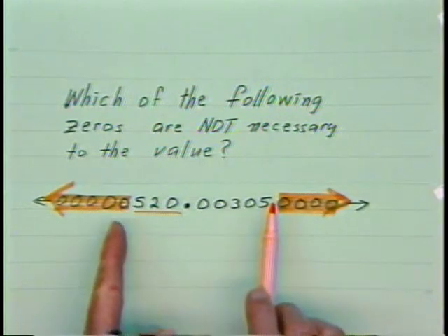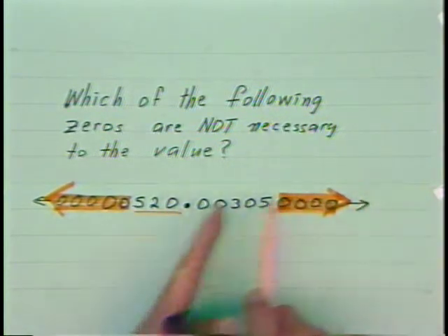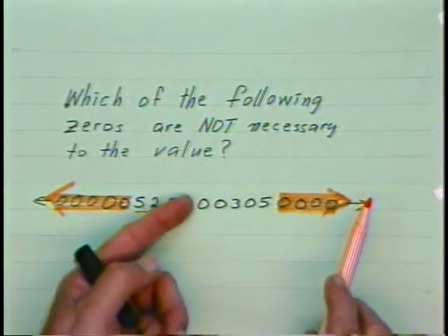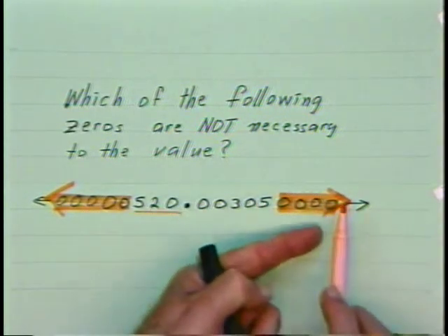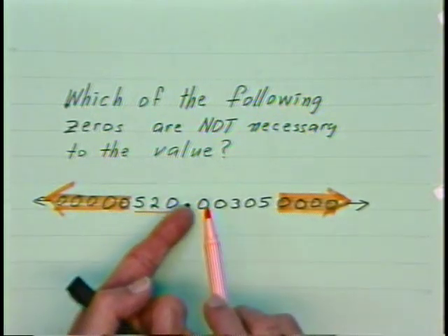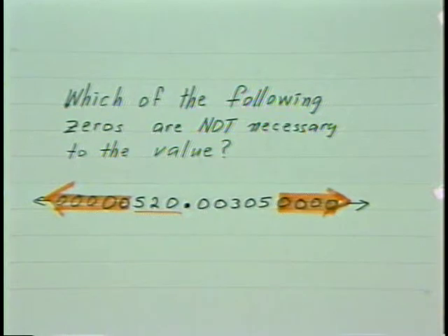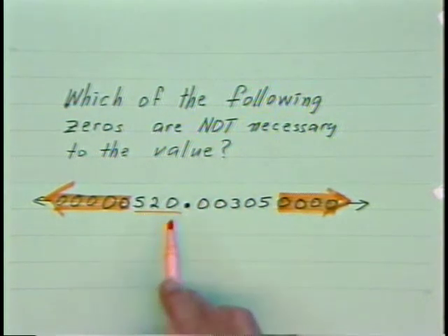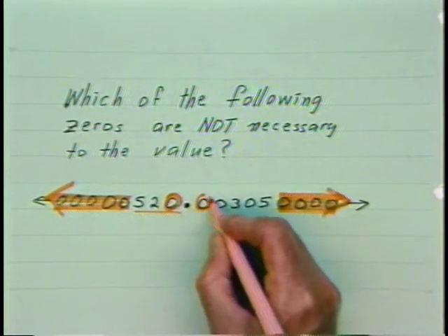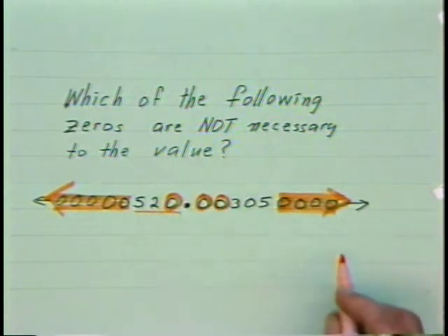So you know we have sort of a rule between decimals and whole numbers together now. The zeros at the end behind the decimal point are not necessary. Zeros at the front, in front of the decimal point, are not necessary. But all other, and we could call them in-between zeros, are very, very necessary.